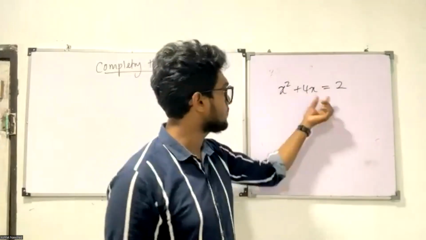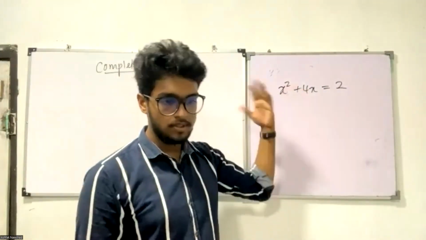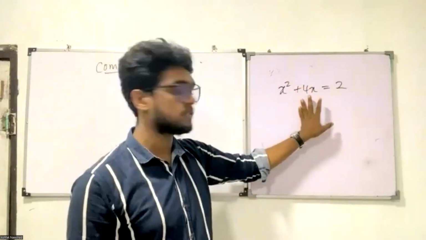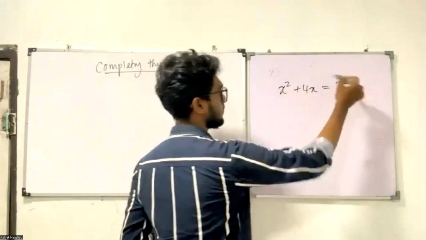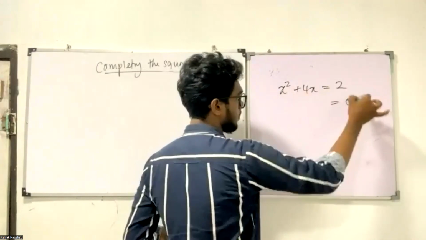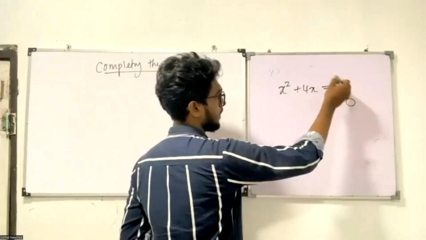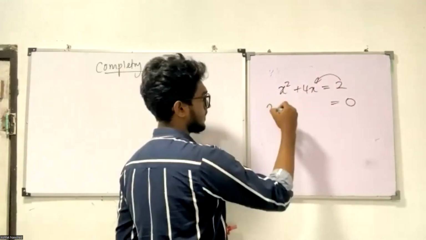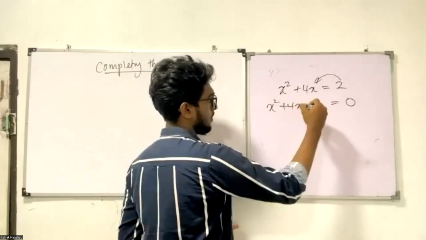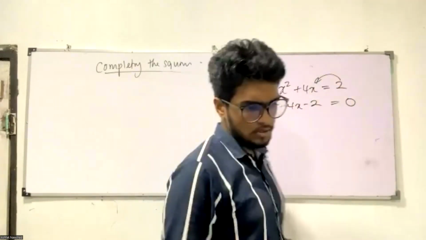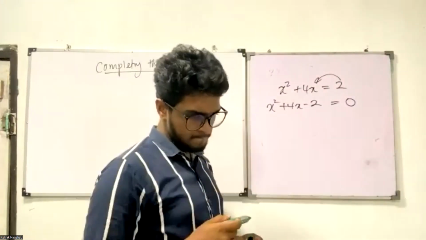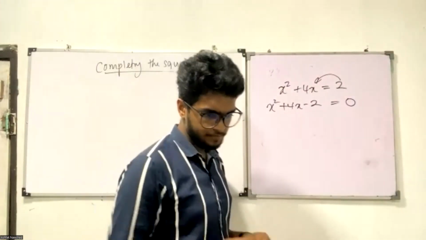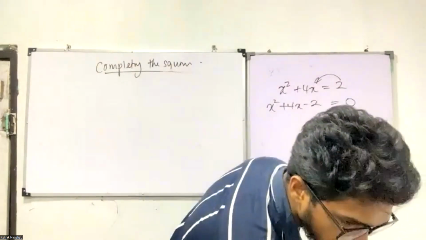In an equation, we always find values of x. But you cannot solve this in this format. You must make one side 0. How to make one side 0? You can easily take this 2 to the other side: x squared plus 4x minus 2. Now it can be solved. Is it clear? Yes, good.